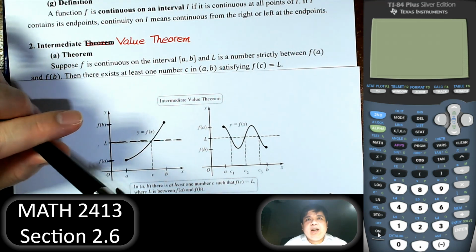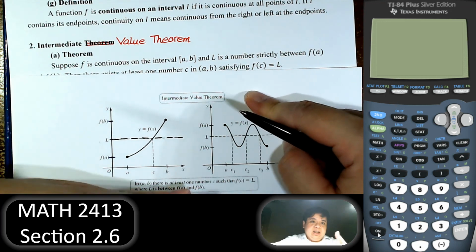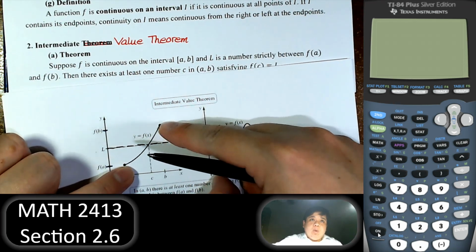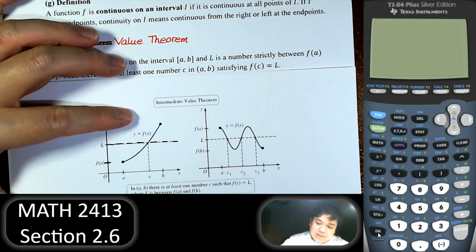Makes perfect sense, right? If the function is continuous from one point to another and there's a line between the y values of those endpoints, then the graph has to go through it.